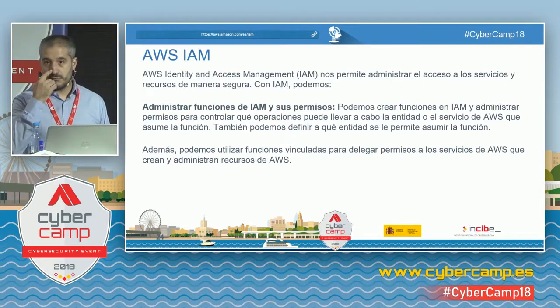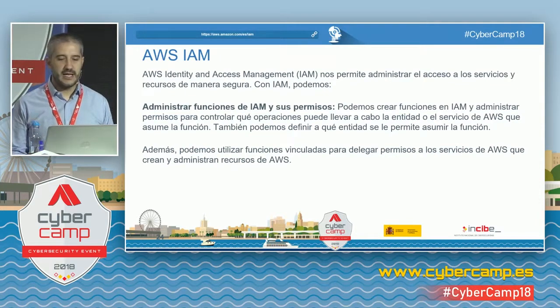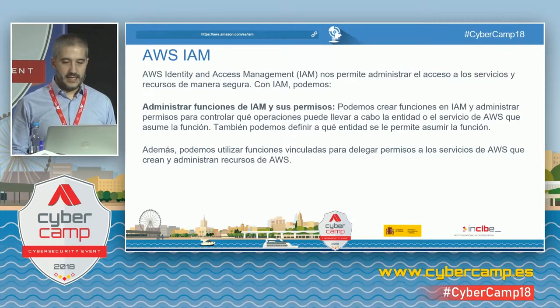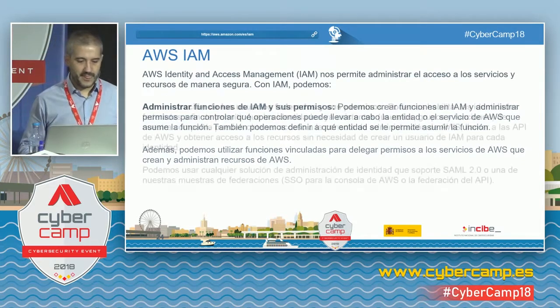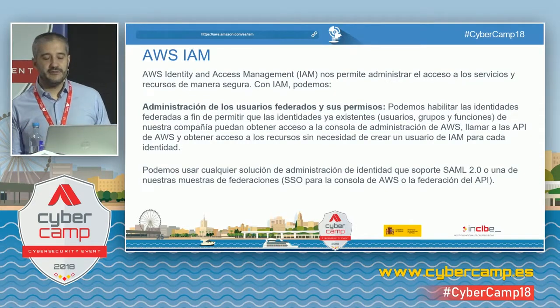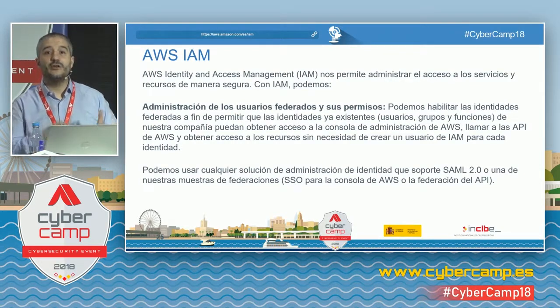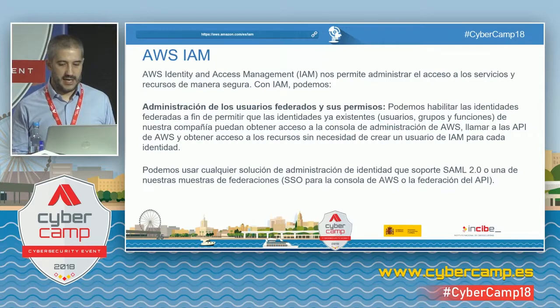IAM also allows to manage different functions, or what we sometimes call roles, with permits for different elements in our infrastructure, not necessarily people. It could be a machine with different permissions to implement different actions. We can also have users for Active Directories in the companies.